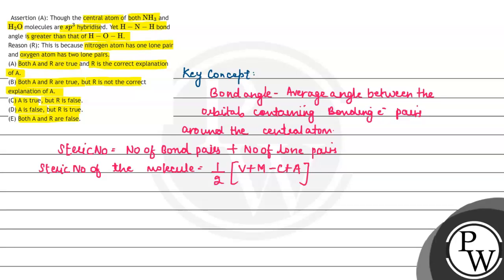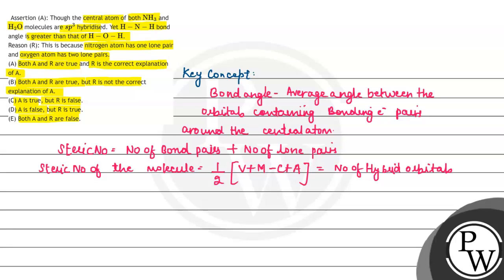C is the cationic charge and A is the anionic charge. The steric number tells us the number of hybrid orbitals present. If the steric number is 2, there are two hybrid orbitals, one s and one p, so sp hybridization.